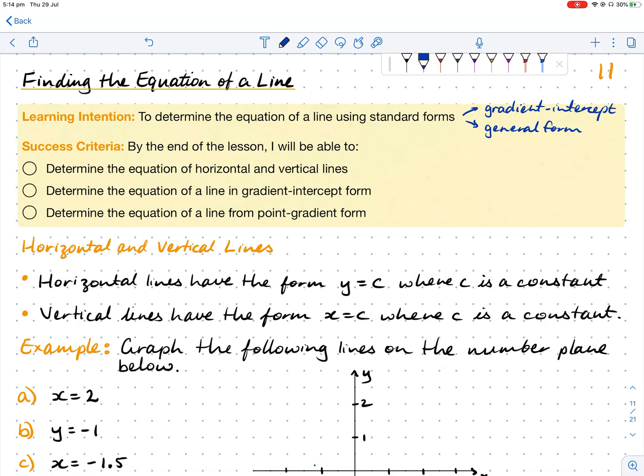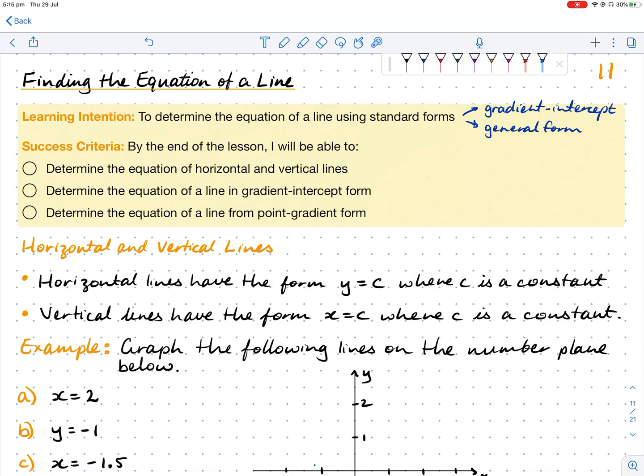And we're going to be looking at a couple of things with how we can work out these equations. So by the end of this lesson, you should be able to determine equations of horizontal and vertical lines. And also, if you were given the equation, you will know how to graph them. Other things that you will be looking at is determining the equation of a line in gradient intercept form.